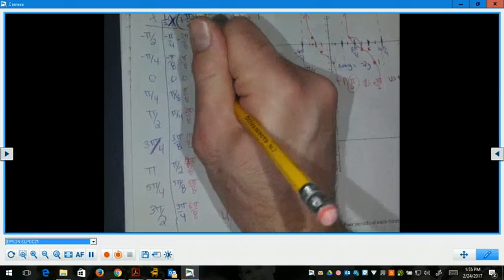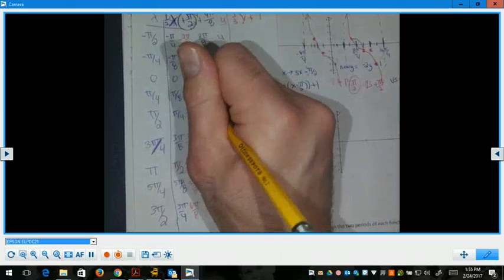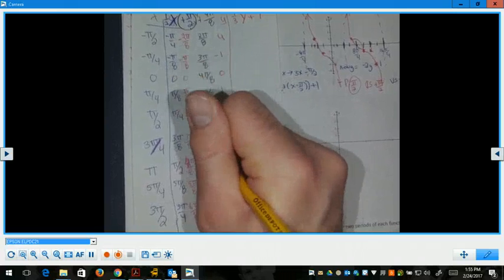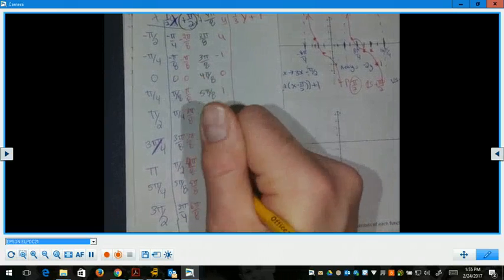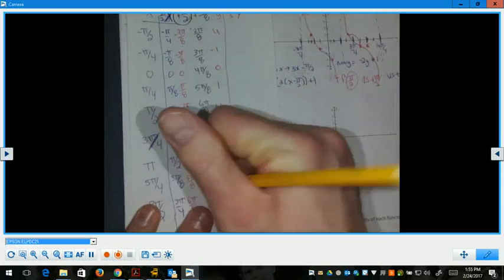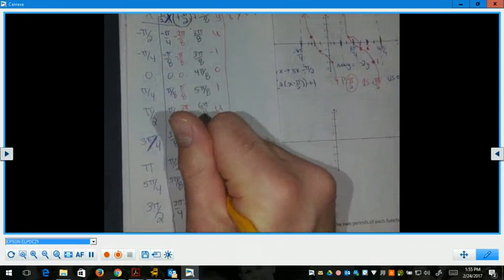This will be 4π/8. Wow, wonder what the next one's going to be. 5π/8, 6π/8, 7π/8, 9π/8, 10π/8. Nope, I did something wrong. I skipped 8π/8. I knew when I got to the last one it wasn't adding. 10π/8.